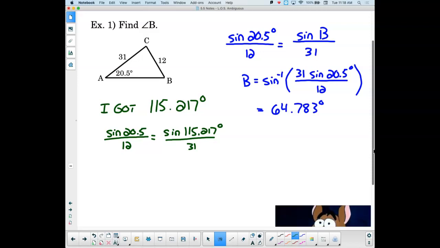I want to know where I screwed up. Okay, divide by 5. Because they equal each other, don't they? I checked my work. Yeah, they do. If you go sine at 20.5 degrees, sorry, I forgot the degree symbol. Yeah, they do equal.